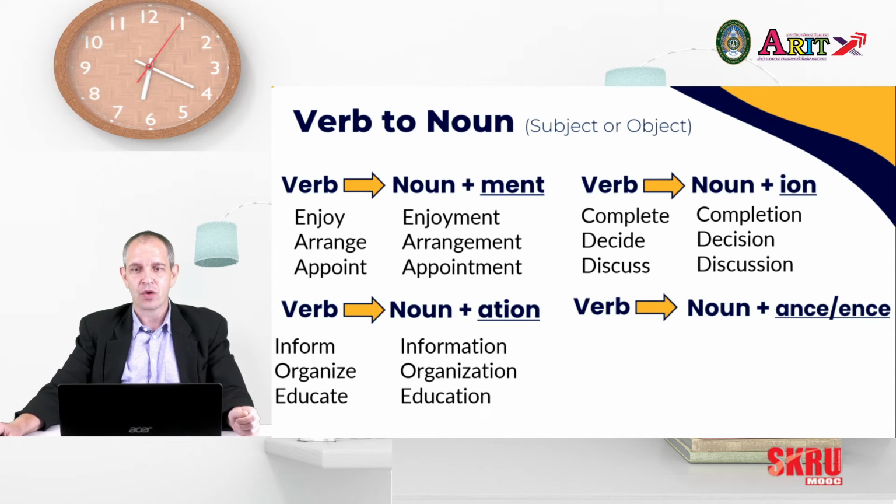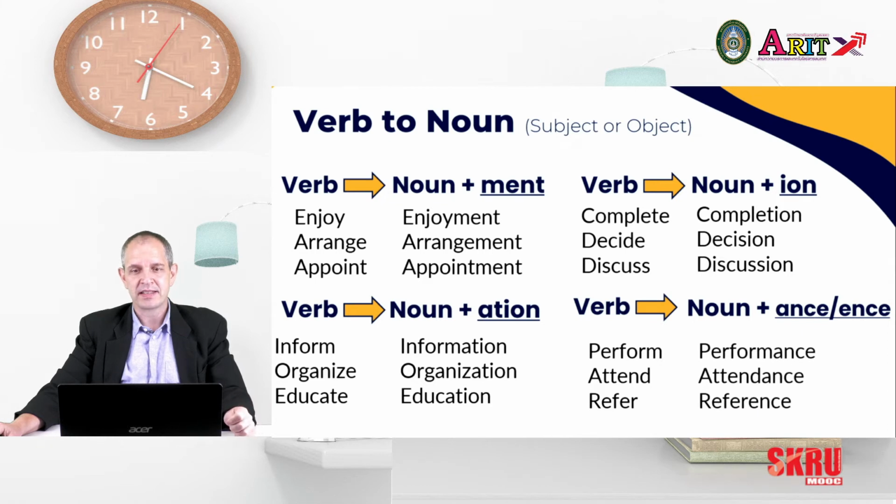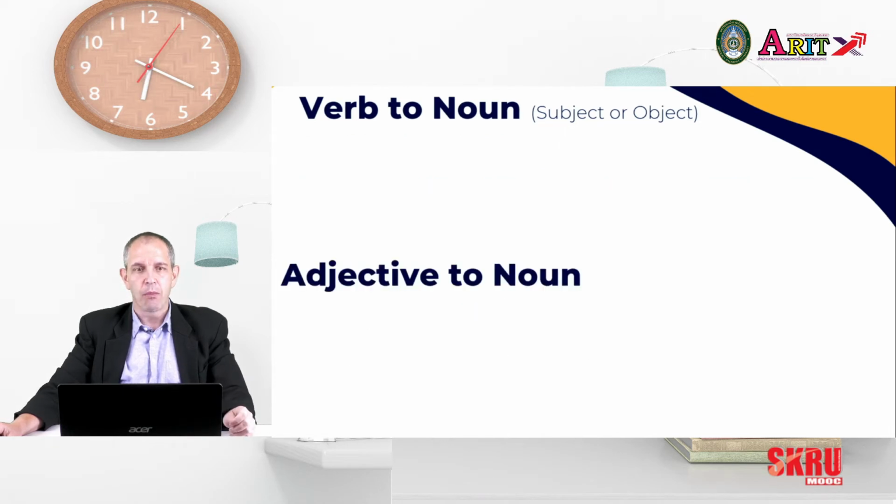Last, we have ance or ence. So verbs like perform, attend, and refer become performance, attendance, and reference. So when you want to use these as the subject or object of your sentence, you now know what to do. More, we also have al.